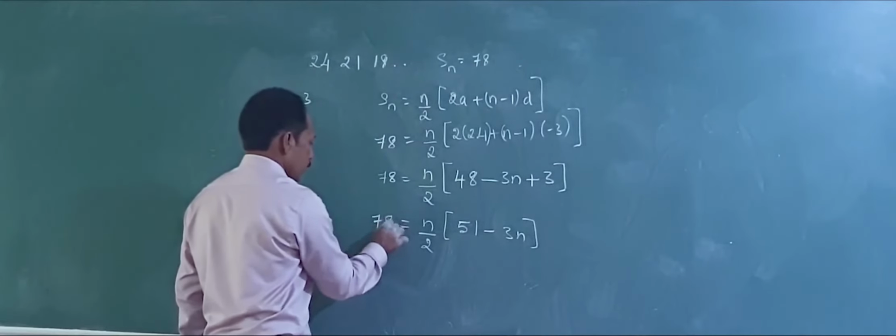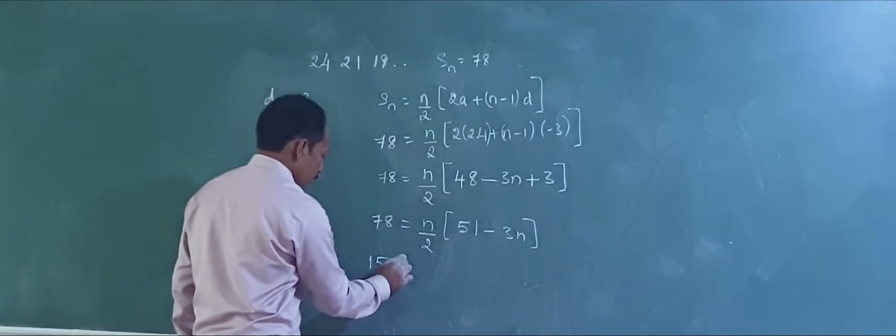n by 2 into, simplify, what is 48? 48 plus, plus into minus becomes minus 3n, minus into minus plus 3. So what you got is n divided by 2 into 48 plus 3, that is 51 minus 3n, and 78 is equal to that.